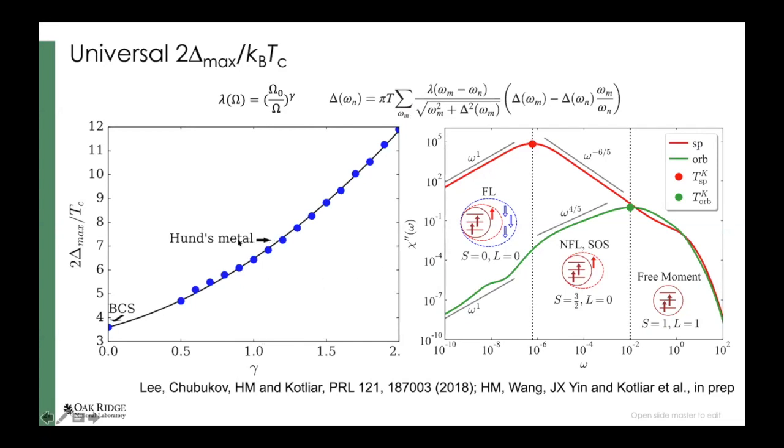This basically corresponds to Hund's metal point. And the 2Δ over k_B T_c is about 7.5 or 7.6, which I consider a very nice agreement with the experimental data. So that basically tells us that if you put the Hund's physics in your gap function, it does reproduce a lot of the experimental data.